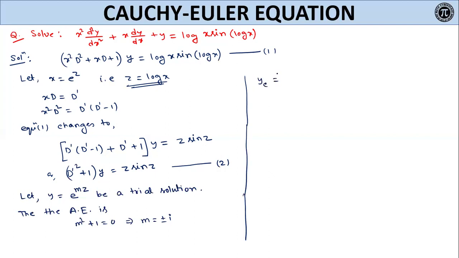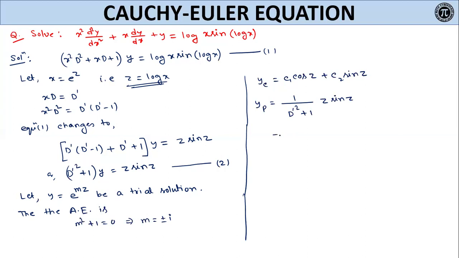Yc equals c1 cos of z plus c2 sine z. This is your yc. Now what will be yp? Yp equals 1 by d dash square plus 1 into z sine z.